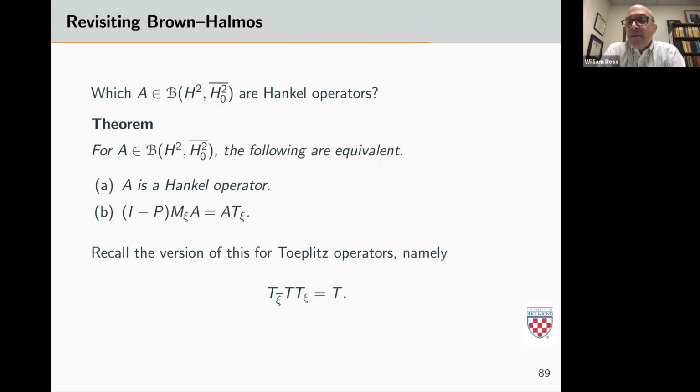The proof I know uses matrices. So essentially, you show that A satisfies this identity if and only if its matrix representation is a Hankel matrix, and that should do it.